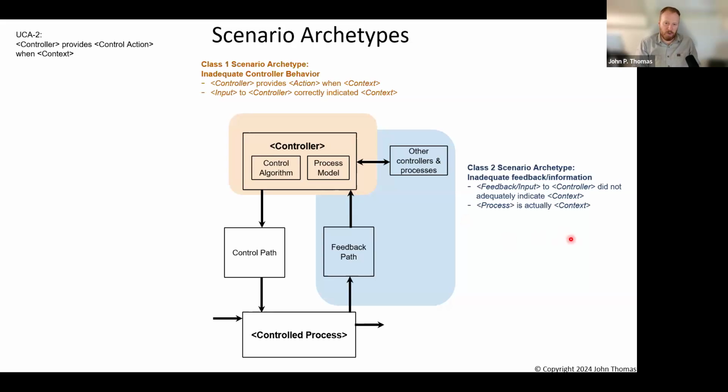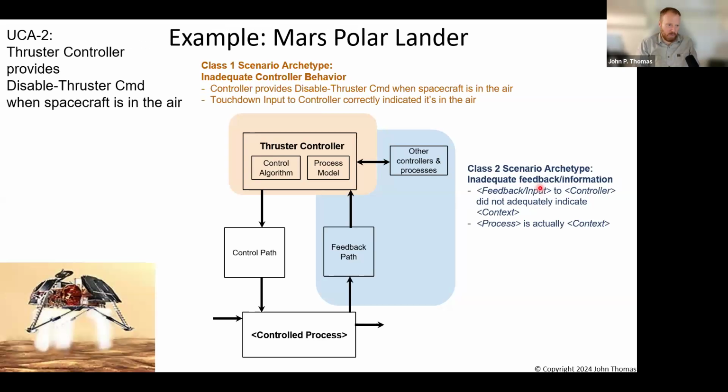All right, so let's try it for the Mars Polar Lander, right? Let's fill in the blanks here. Let's take our previous results. We've got UCA 2, we've got the class 1 definition. Here's class 2. What's the feedback input that matters for our analysis here?